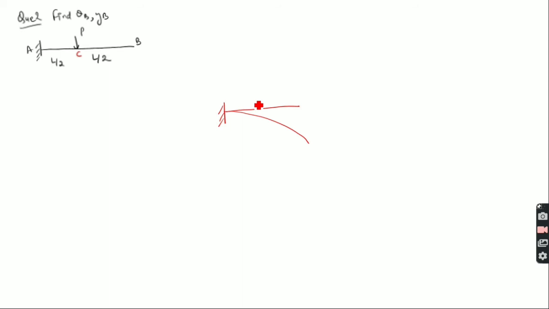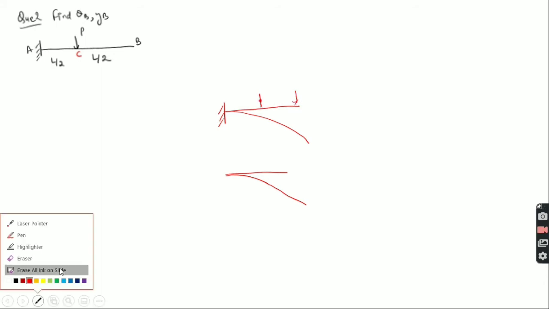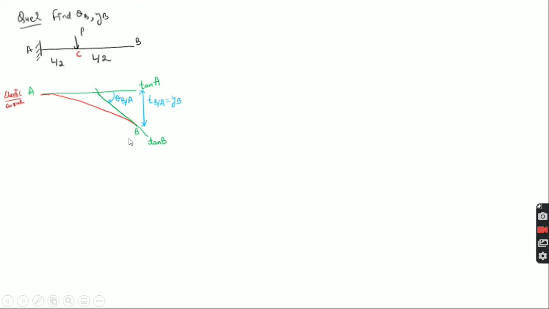So here the load is acting up to this point, so the deflection will be like this, and after that there is no load, so it will be somewhat straight, right? So we will get a similar shape, but here it will be straight and here it will be curved, right? If there is a load here.